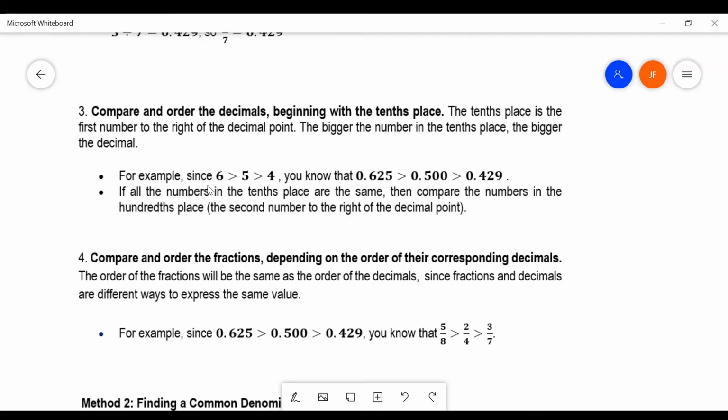For example, 6 is greater than 5, greater than 4. You know that 0.625 or 625 thousandths is greater than 0.500 or 500 thousandths, which is greater than 0.429 or 429 thousandths.